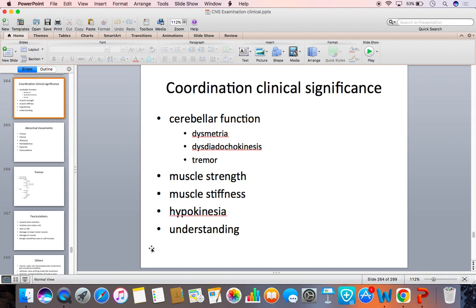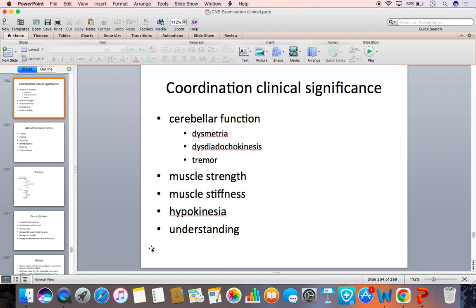What is the clinical significance? It is disturbed in cerebellar functions. Besides, there will be dysmetria, dysdiadochokinesia, and tremor. Dysmetria is where the patient is throwing his hand beyond the object. Dysdiadochokinesia is failure to perform supination and pronation alternately.